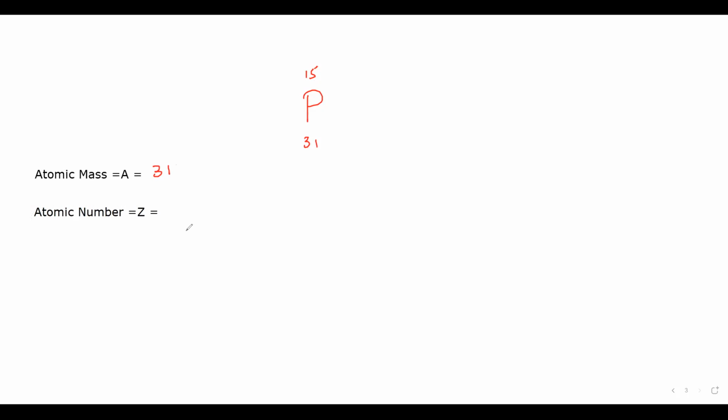The top number is called atomic number, so that is equal to 15. So the bottom is atomic mass and the top is atomic number. Now what about the number of protons? That is equal to atomic number, or you can also say Z. So how many protons are there in phosphorus?